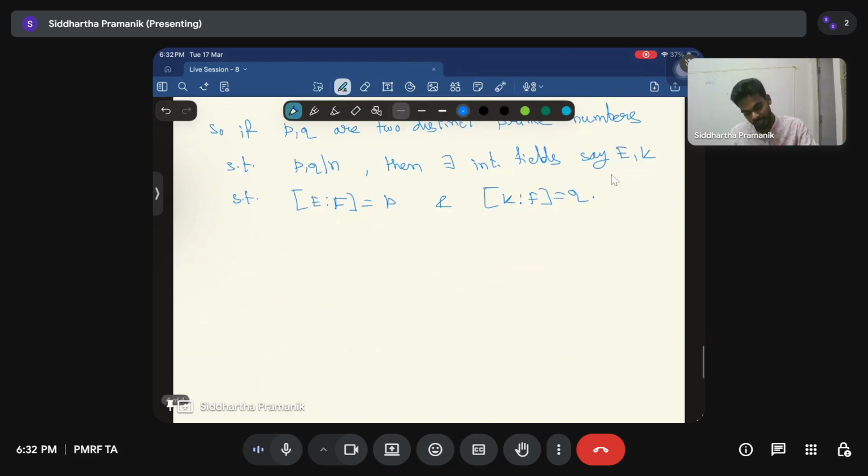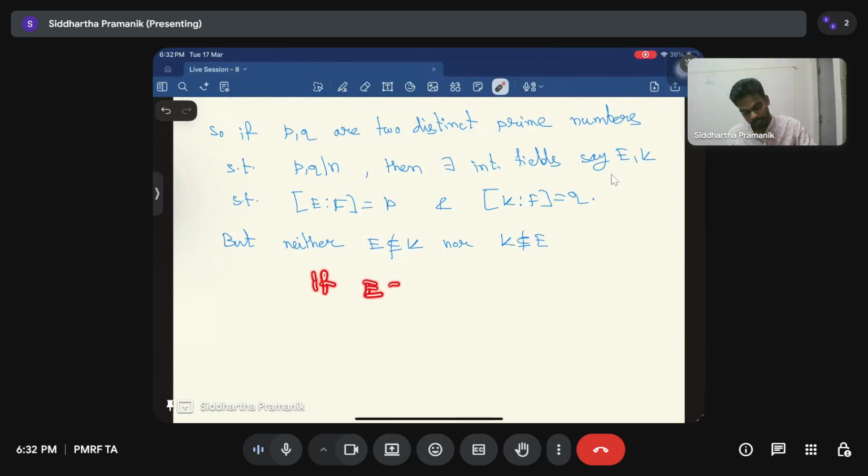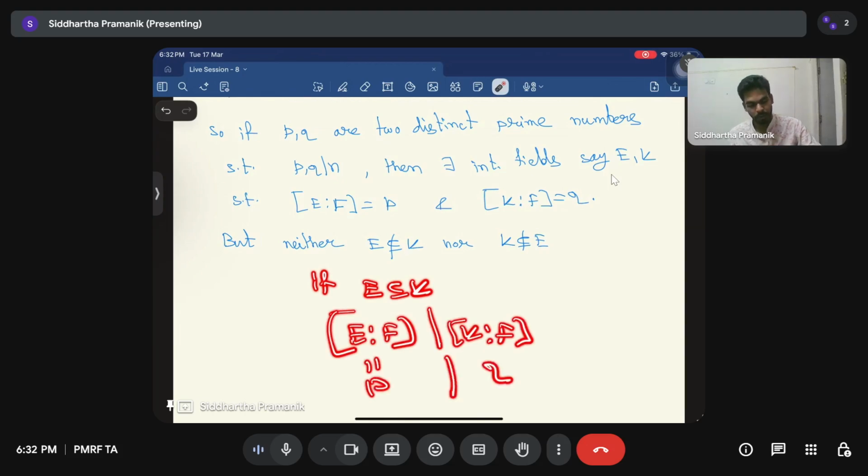But in this case, neither E is a subset of K nor K is a subset of E, because if E is a subset of K, then this degree has to divide this degree, but this is p and this is q, and p cannot divide q because they are distinct prime numbers.